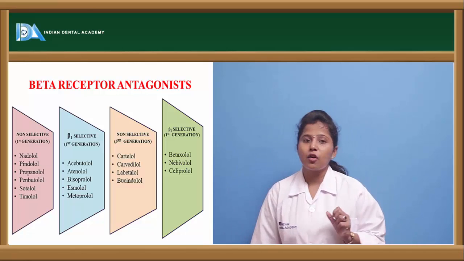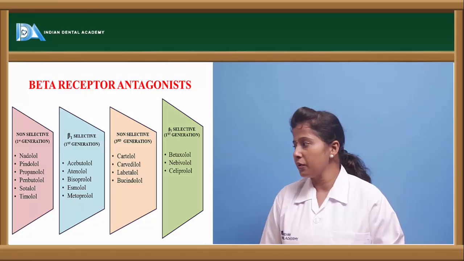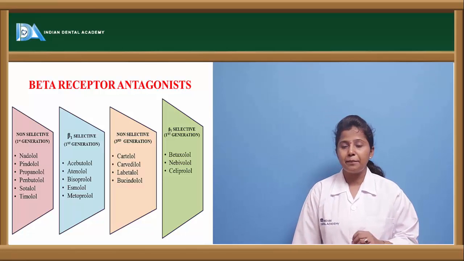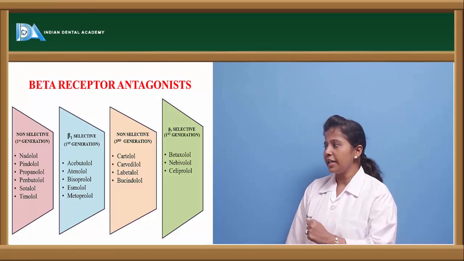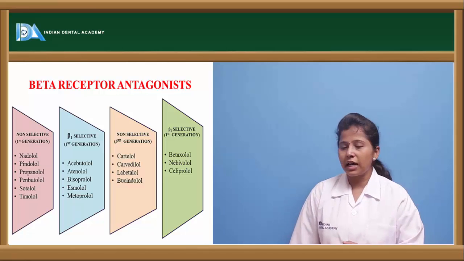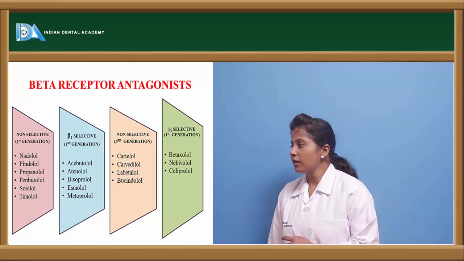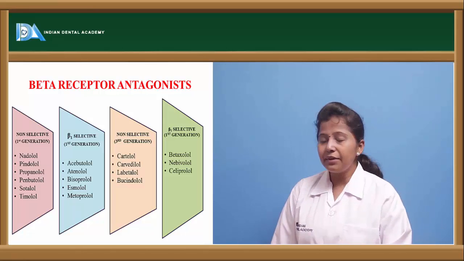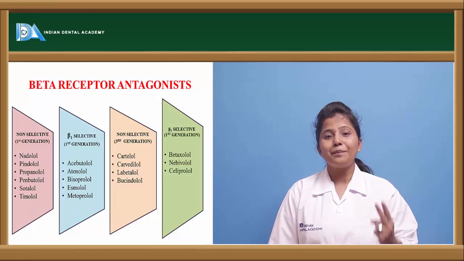So non-selective first generation drugs include nadolol, pindolol, propranolol, sotalol, timolol and penbutolol. Non-selective third generation includes drugs like carteolol, carvedilol, labetalol as well as bucindolol. Carvedilol and labetalol are the drugs which show mixed action.